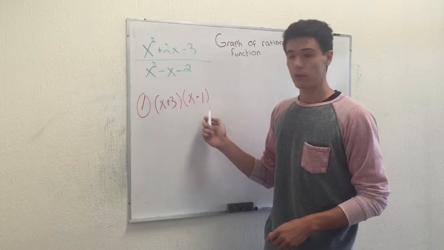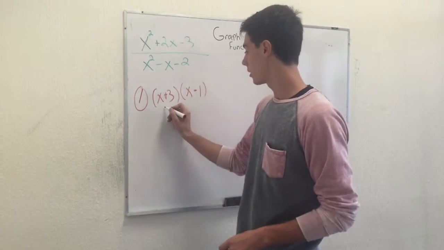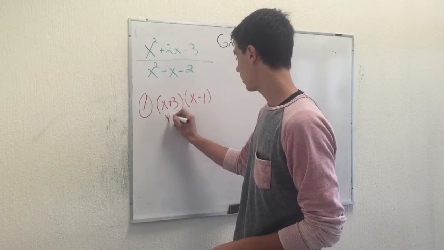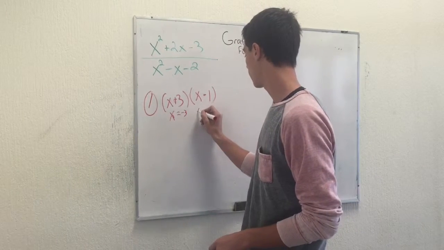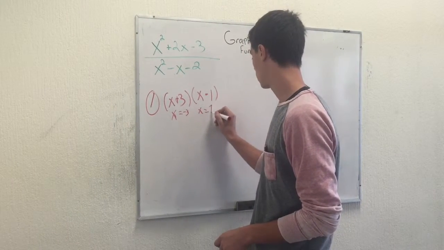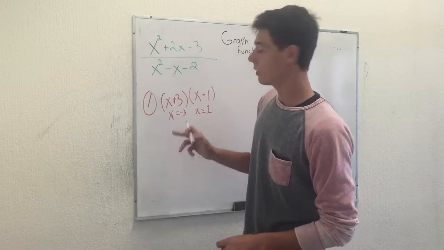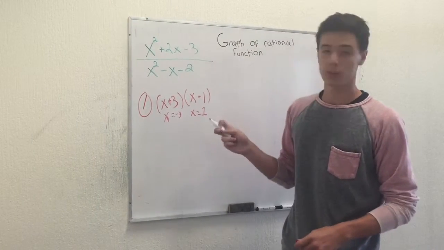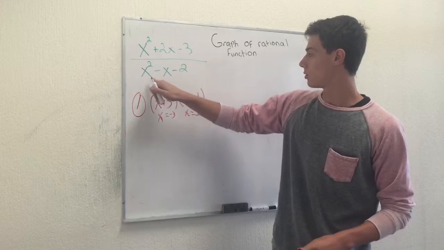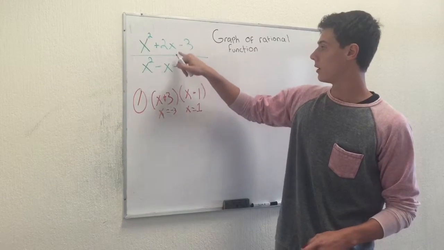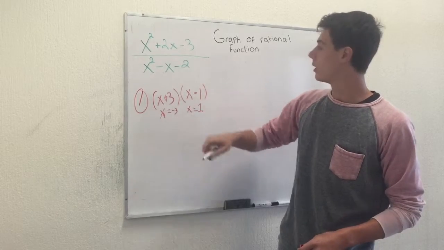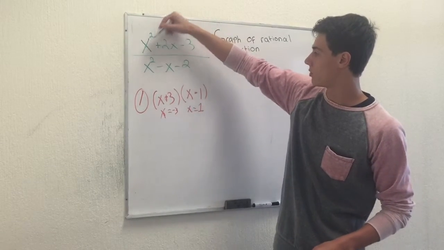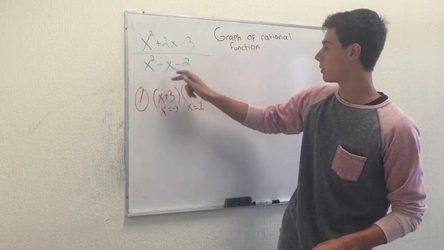We got them inside parentheses, so we're gonna change their sign, and it's gonna be x equals -3 and x equals 1. Then to get the y-intercept, you must substitute every variable x with the number 0. So this is gonna be 0 right here, 0 and 0.